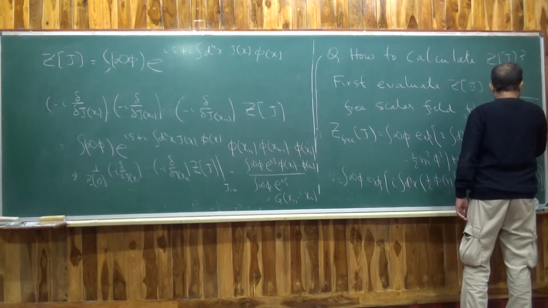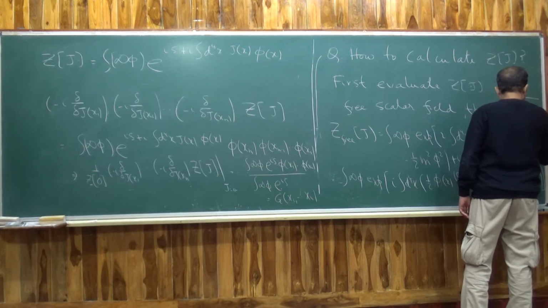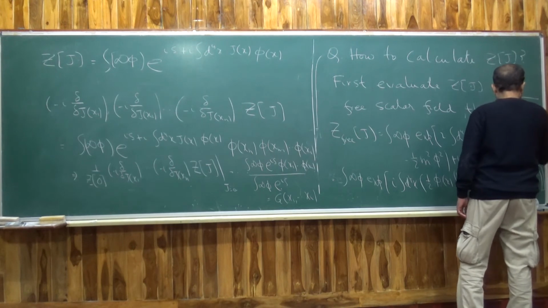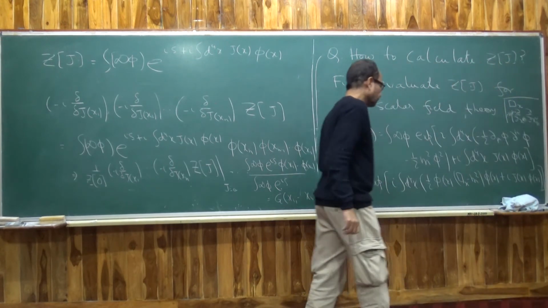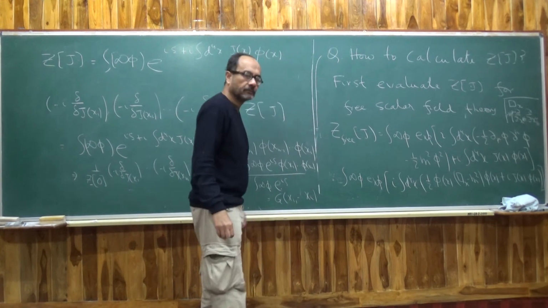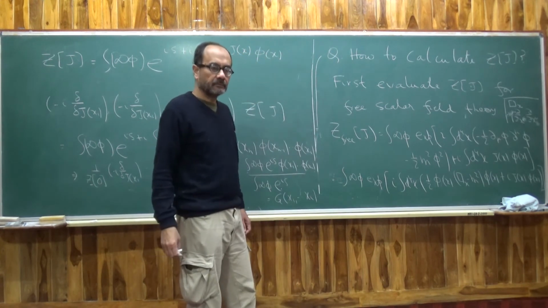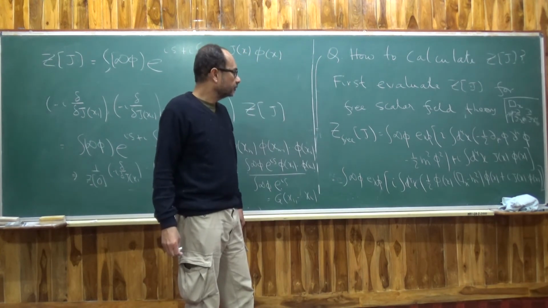Box x is del x mu, del x mu, with eta mu nu.